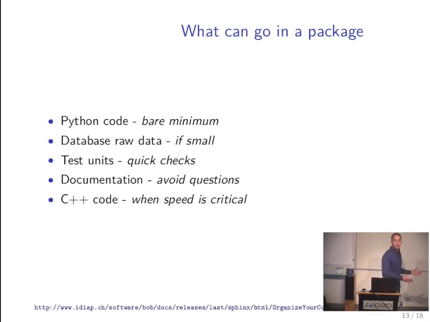If you write good documentation, then people don't come and stop your work, all right? So that's always good. And you can also throw in C++ code. So basically, as Laurent was explaining here, when you find a bottleneck, you can just create C++ code within the satellite package. That is going to be compiled and linked automatically using the same infrastructure I showed you before here, okay?